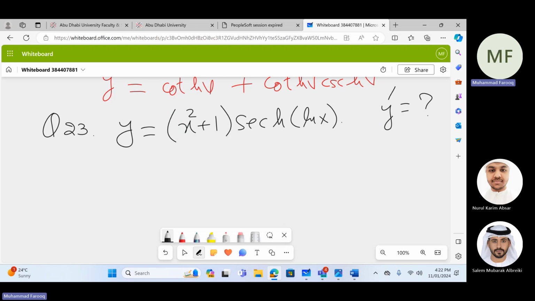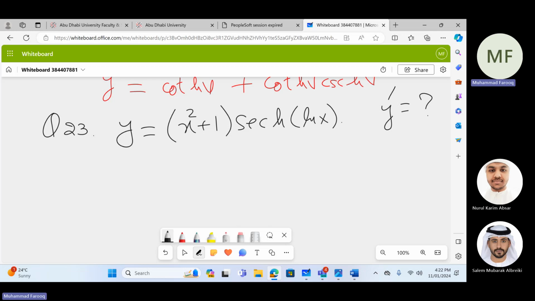Here is the situation where you can use this conversion: whenever any hyperbolic function has ln x involved, please use the identity. Which identity? The base e.